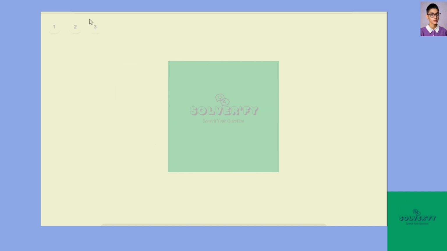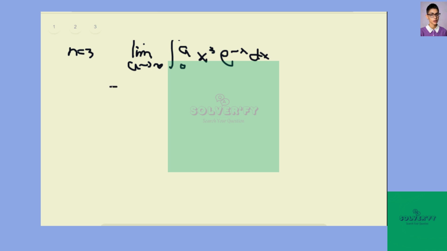Now, for the case n is equal to 3, this is the limit as A goes to infinity of the integral from 0 to A of x cubed e^(-x) dx. So we also use integration by parts. Look at this definite integral: the integral from 0 to A of x cubed d(negative e^(-x)).